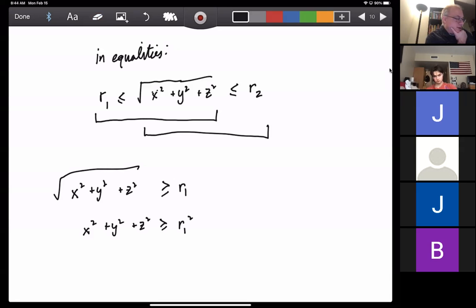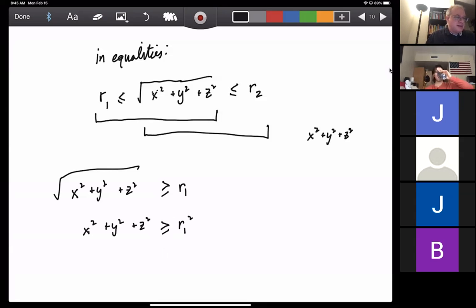So whenever you have an inequality and you're trying to figure out what region in your space this corresponds to, the boundary of your space corresponds to changing out your inequality for an equality. So if I do that in this case, I get a sphere of radius R1. Okay, and you can think of x squared plus y squared plus z squared geometrically.